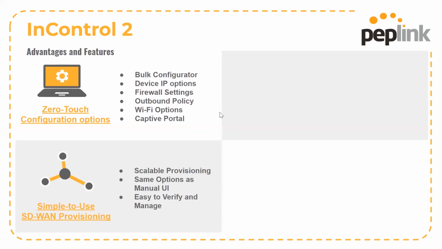You also have SD-WAN provisioning. Provisioning is when you're enabling your network. It has the same exact settings as the built-in GUI, and it allows you to easily verify and manage your network. You can access all the SD-WAN settings from InControl 2.